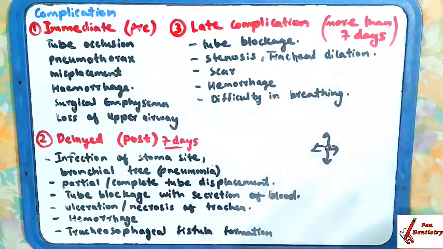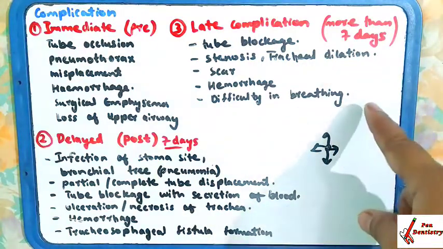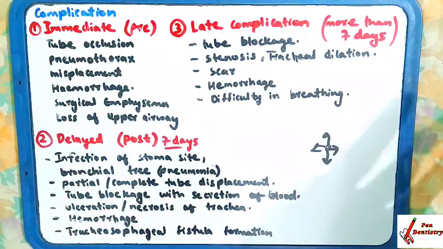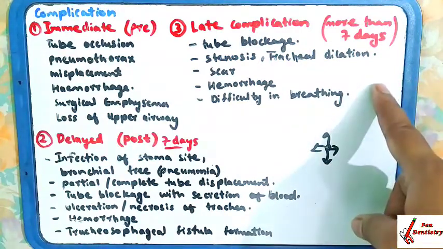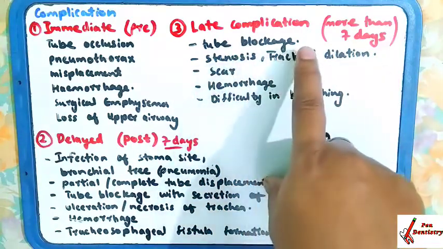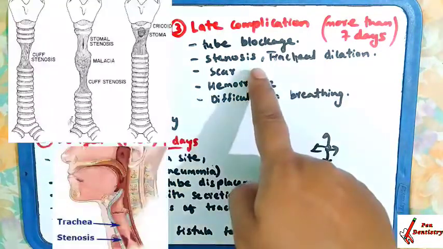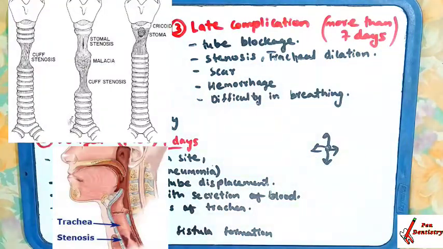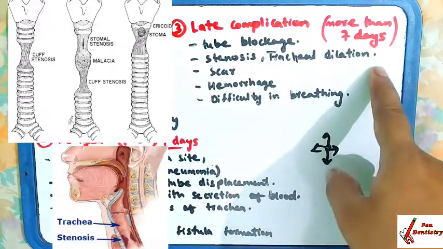You have done a tracheostomy and more than 7 days have passed, and then the complications occur, that is tube blockage. Stenosis means there will be narrowing of the trachea.